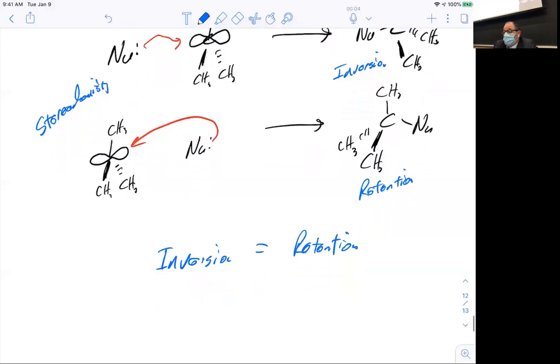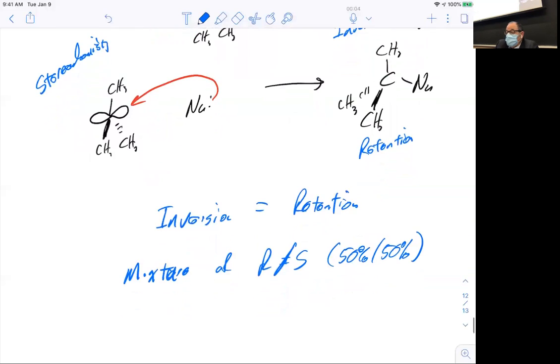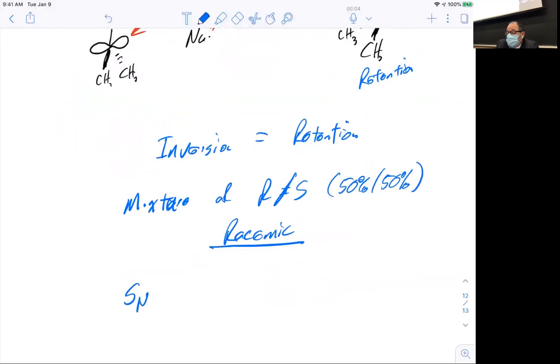When we have a mixture of R and S that are equal to each other, a 50-50 mixture, what do we call that? Well, that's called racemic. So therefore, an SN1 creates racemic mixtures.